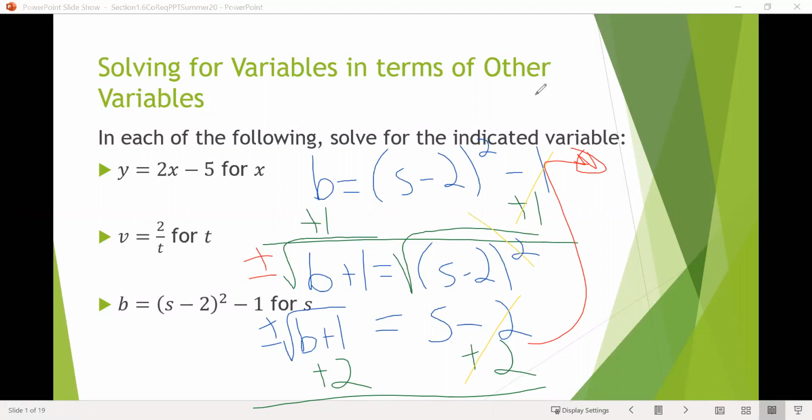And the reason for that is that the 1 is underneath the root and the 2 is not. So in this case, we can't combine them, so what we end up with for s then is that s equals plus or minus square root of b plus 1, all under the root, and the plus 2 on the outside. Okay? And that would be our final answer there.